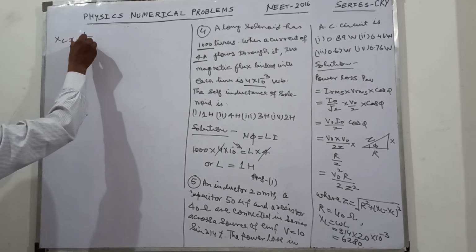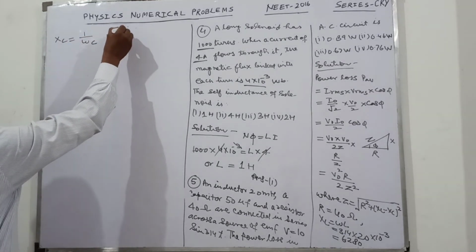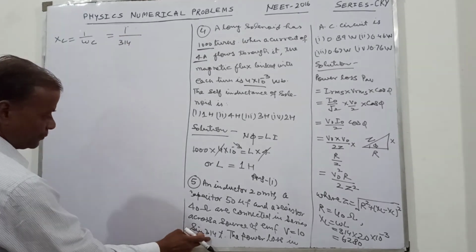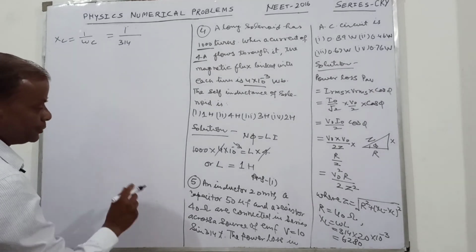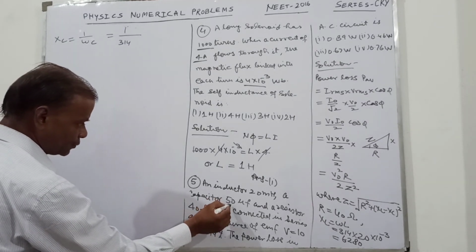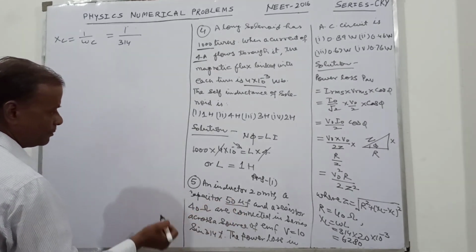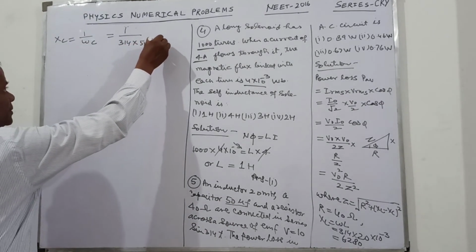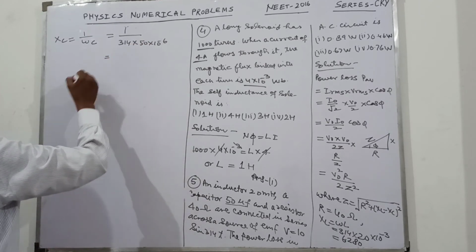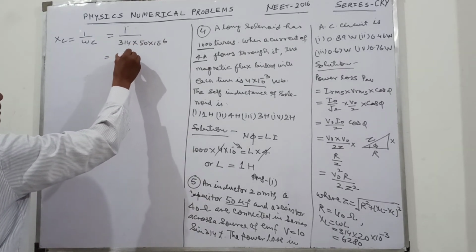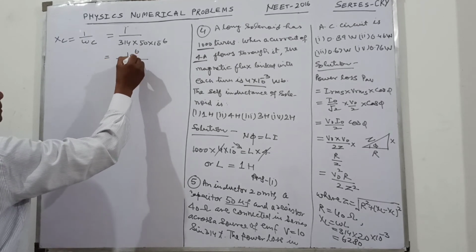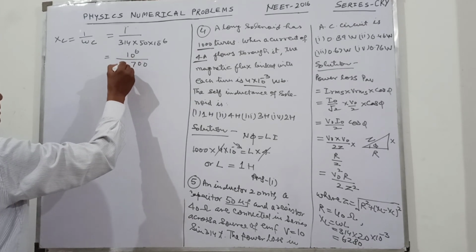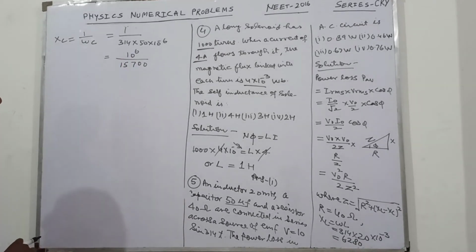XC equal to 1 upon omega C. This is equal to 1 upon 314 into C, and C is given to you here, that is 50 microfarad, 50 into 10 raised to the power minus 6. So this is 10 raised to the power 6 upon 314 into 50, which is 15,700.